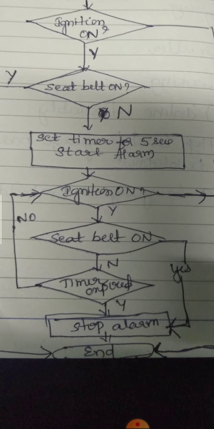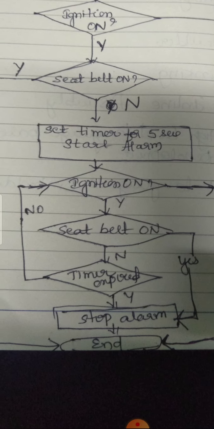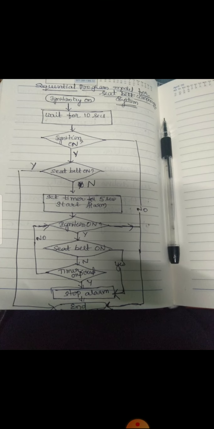Start alarm. Check the ignition, yes or no. If yes, then check the seat belt. Yes, then stop alarm. Seat belt is not on, then timer is expired. This is the flow. This is an example of the concurrent communication model.